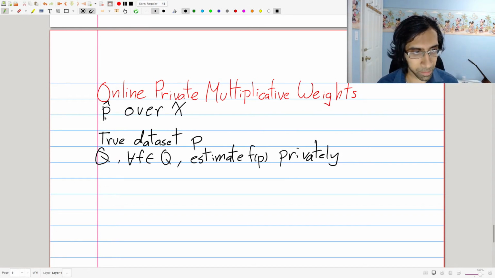It allowed us to get some p hat which, when you plugged it in, would approximate all the queries at once.